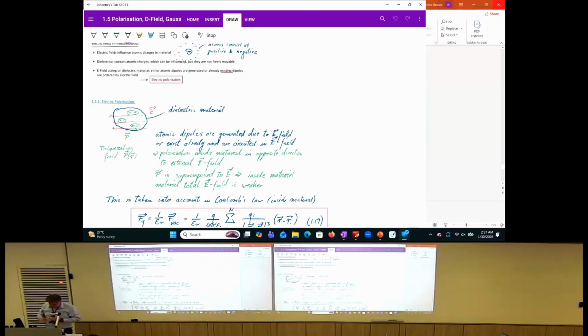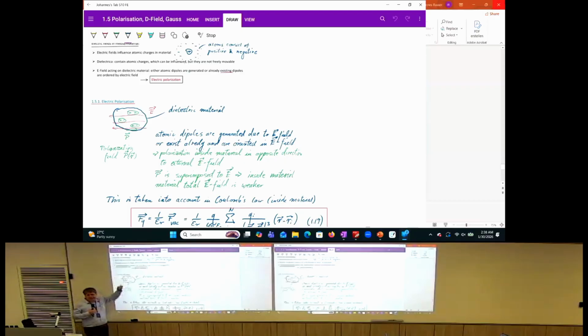So we have noted down atomic dipoles are generated due to electric field. They can be also already existing, but then if there's no electric field, these dipoles might be randomly oriented.